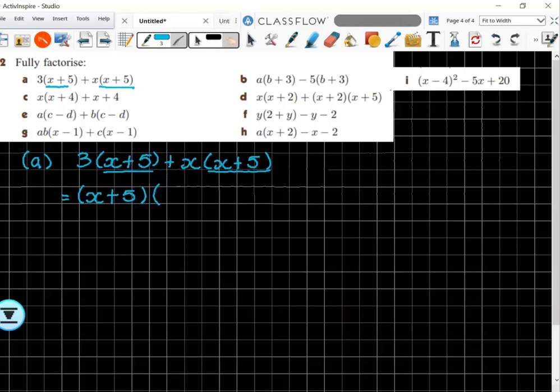When I pull it out from here, what's left in that term? 3. Pull it out from here, I've got the plus X, and I'm going to rewrite that as X plus 5, X plus 3. If you didn't rewrite it as X plus 3, you're not wrong. That's just me being a bit precious. Does that make sense?